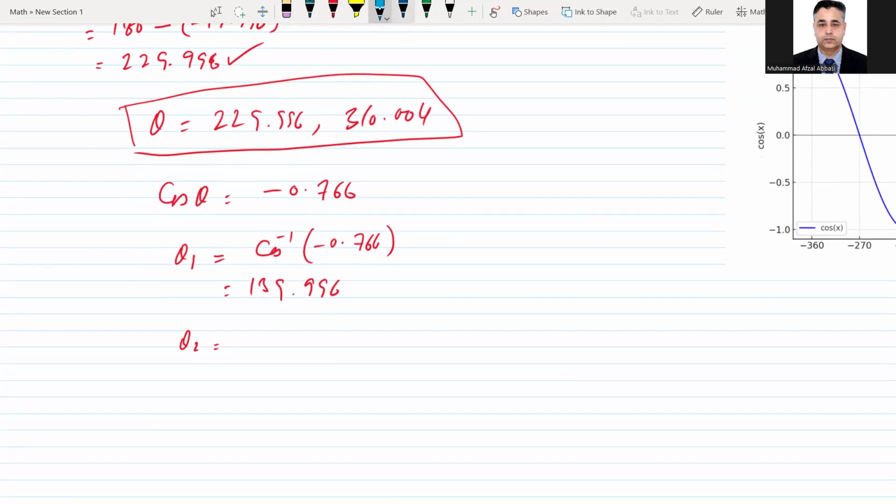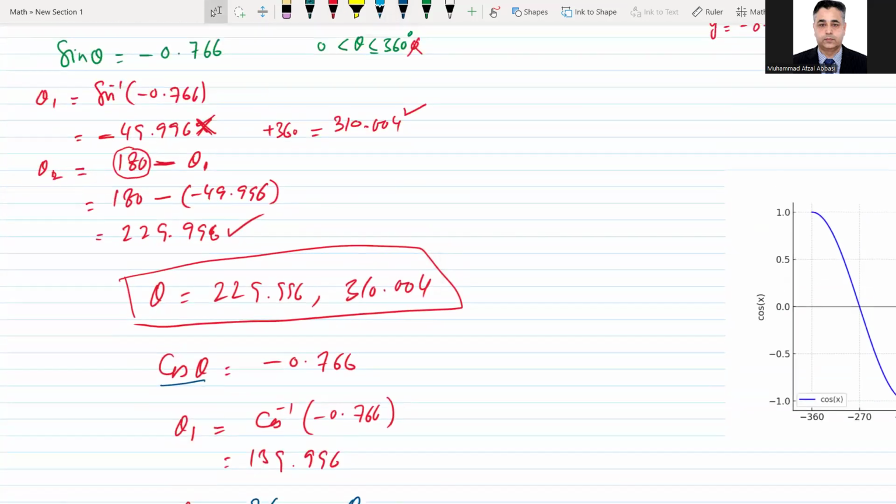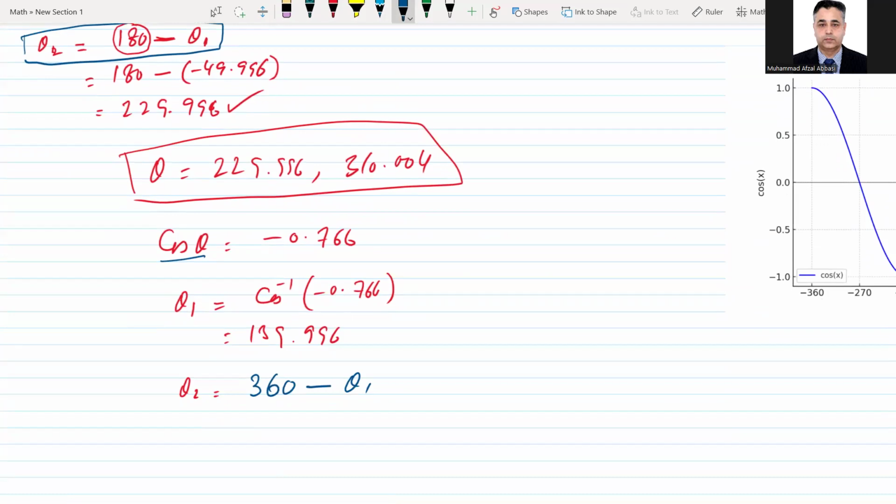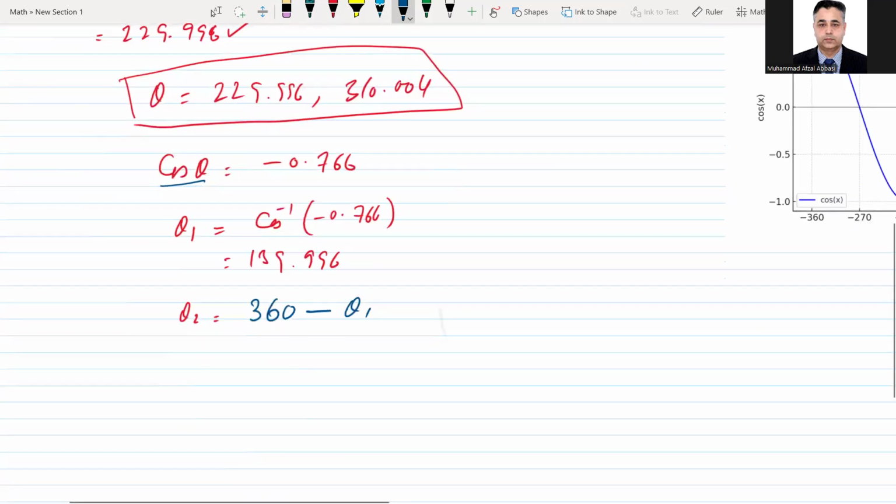Here is the difference. For cosine equations, theta 2 we will take as 360 minus theta 1. See the difference. In the sine graph, theta 2 is obtained by taking 180 minus theta 1. In the cosine graph, we find theta 2 by taking 360 minus theta 1. That is the only difference in the two equations involving sine or cos.